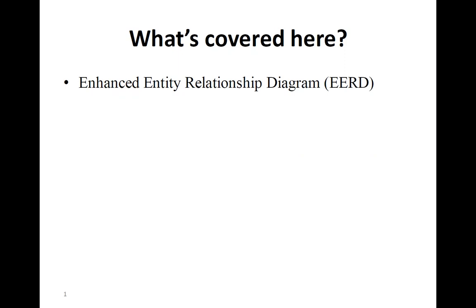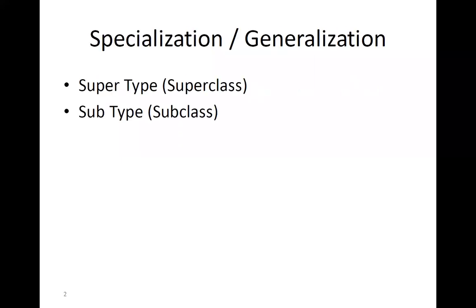Therefore, enhanced entity relationship modeling was invented and deployed to improve it. Going from the original to enhanced, there's just one thing we need to be concerned with: the design and implementation of specialization and generalization.